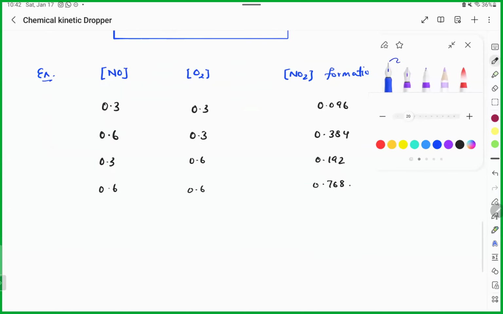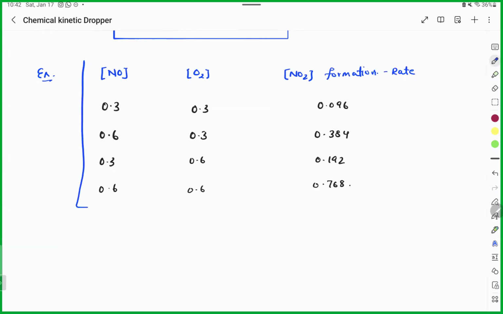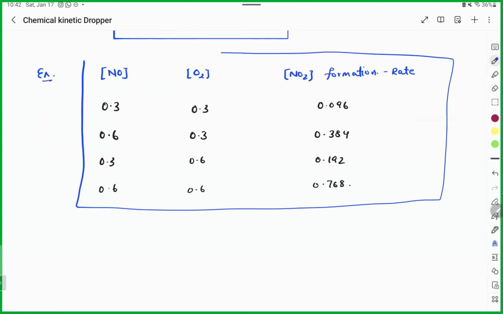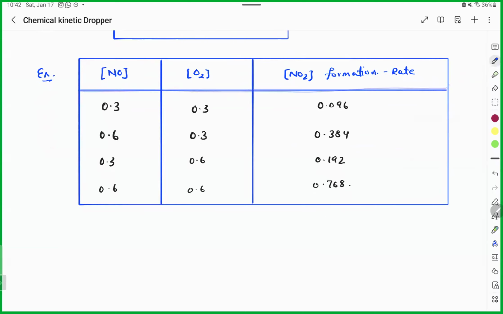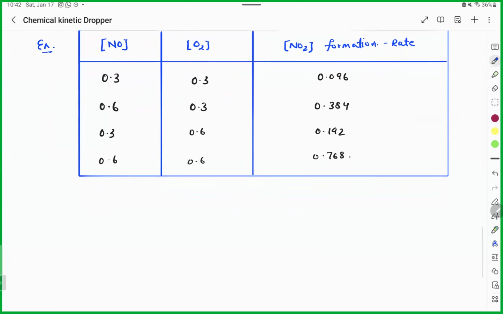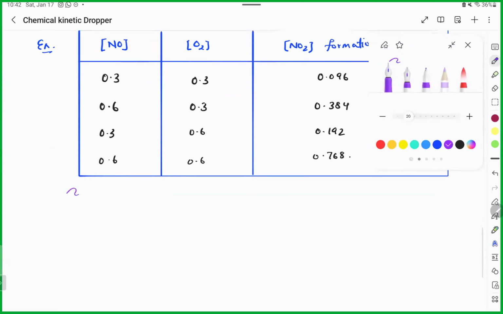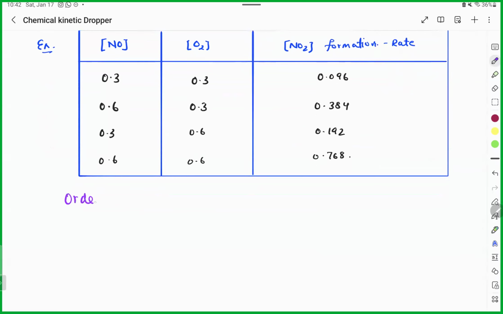And based on this equation, you have to tell how to calculate the order of the reaction. By the way, the simplest way to calculate the order is simple addition. But okay, I will introduce this word also, order of the reaction.